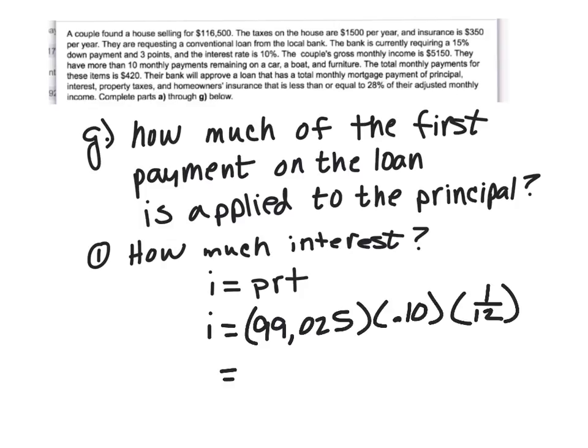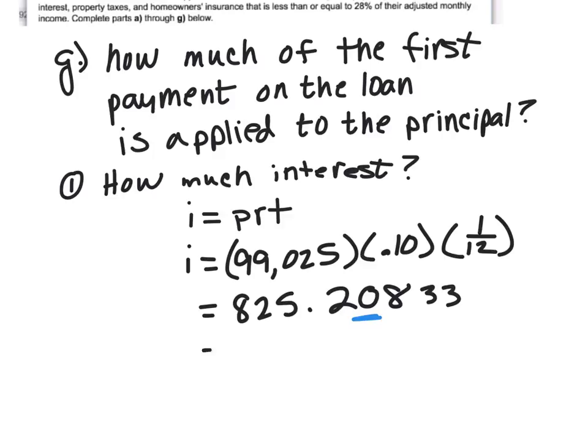So if we multiply 99,025 by 0.10 times 1/12, we end up with 825.208, and then threes, it keeps going. Because we're talking about money, of course, we are rounding to that second decimal place. So the amount of interest rounds to $825.21. So that is just the amount of interest alone that they paid on the first month.